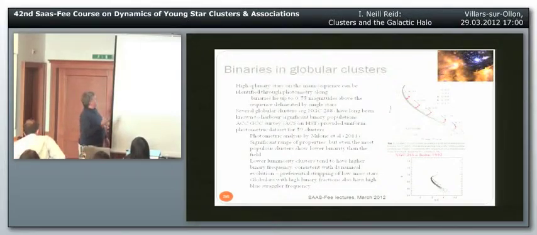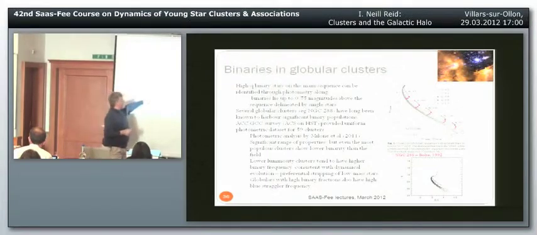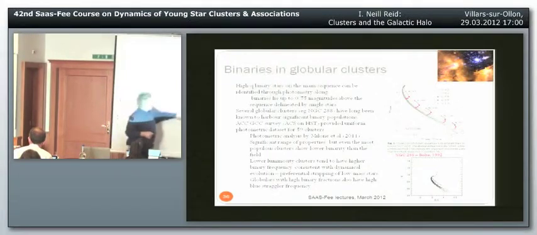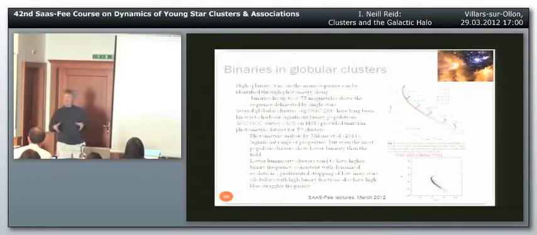So binaries. We can actually detect some binaries in globular clusters. There's a paper by Milone looking at the HST survey that we have, and he's done an excellent job of going through. The only binaries you can detect in globular clusters are photometric systems. Nobody's yet done, I don't think we necessarily have the capabilities to do, a full radial velocity survey for spectroscopic binaries.